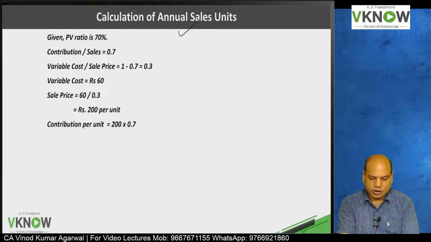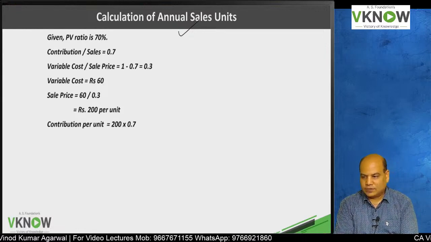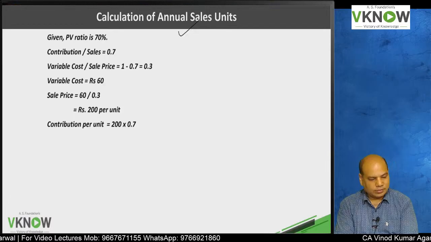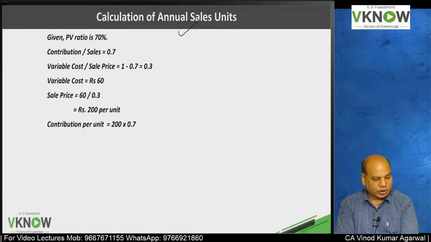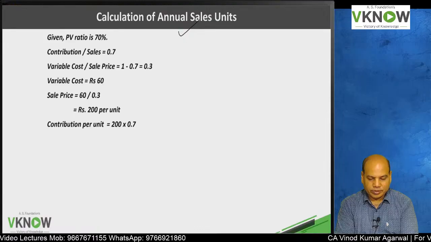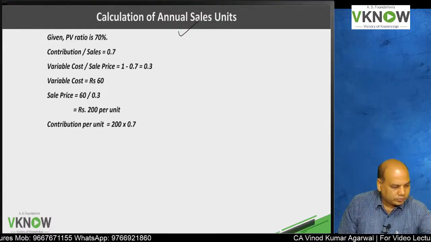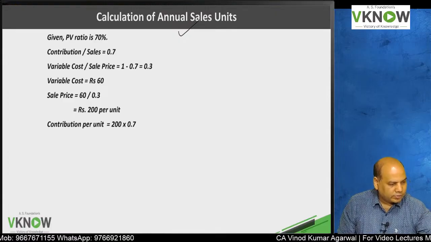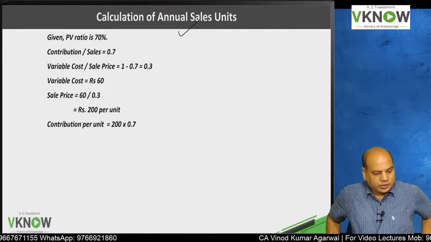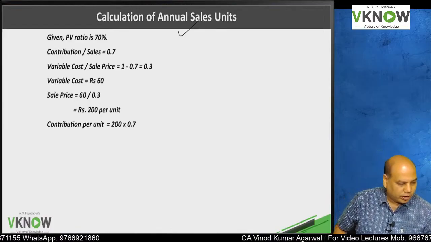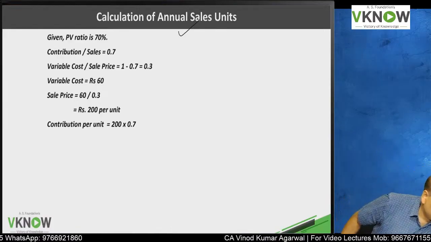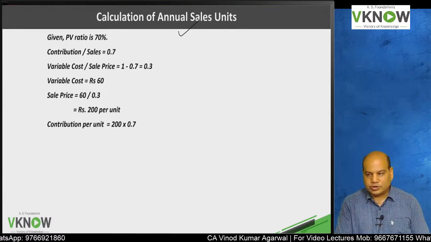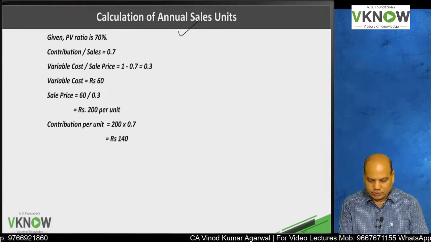Therefore, contribution per unit is 200 into 0.7, which is 140.